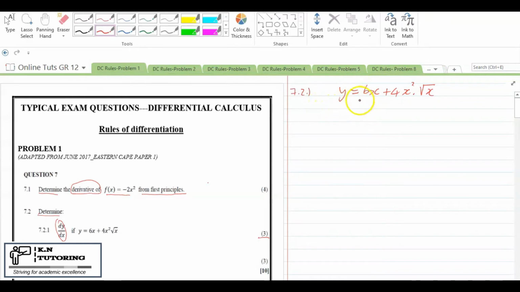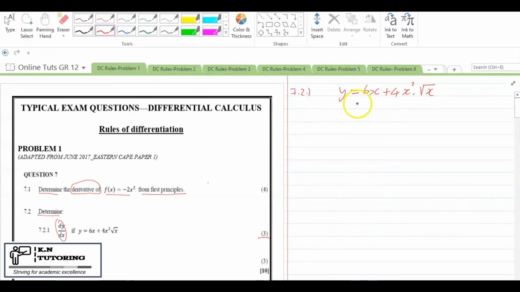So I'm going to simplify this. One of the tips is that when it comes to differentiation, you can't differentiate when you have fractions, brackets, or square roots. So we must get rid of those things first before we can start applying rules of differentiation.